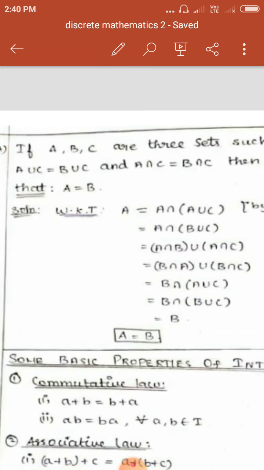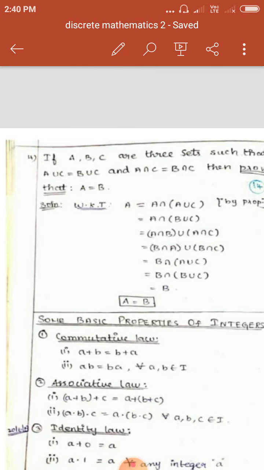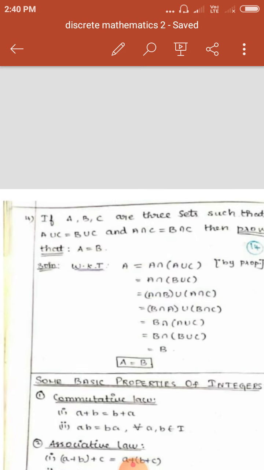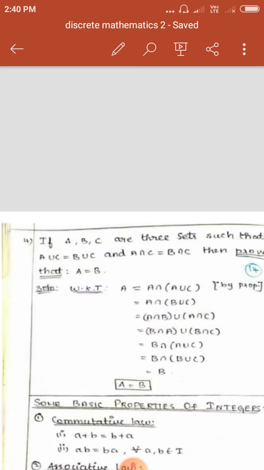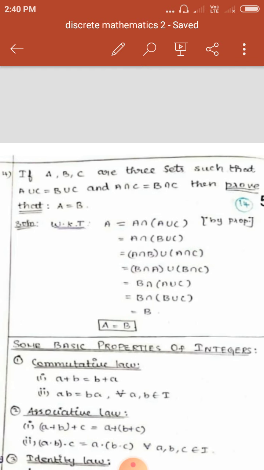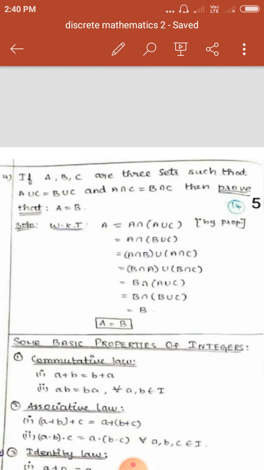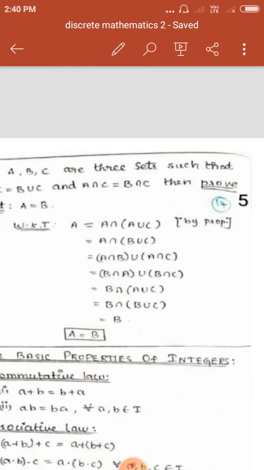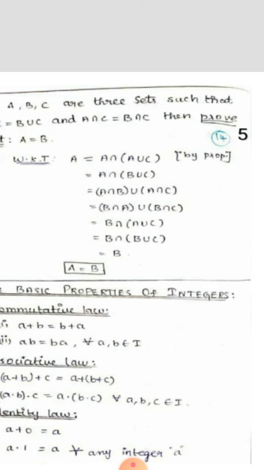Right. See the next sum. If A, B, C are three sets such that A union B is equal to B union C, and A intersection C is equal to B intersection C, then two conditions are given.